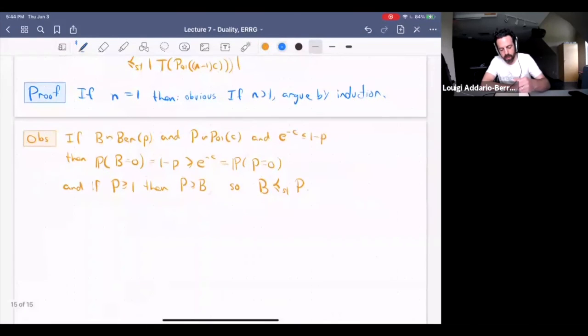So that's where the form of our inequality between p and c comes from.